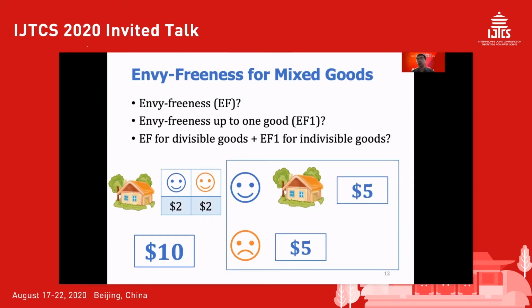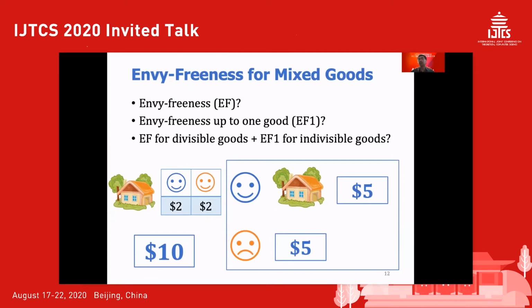Now if you look at this allocation, intuitively it doesn't look very fair, right? This is because the second player gets $5, but he doesn't get the indivisible item, the house. So intuitively, he should get more money to compensate for the house.